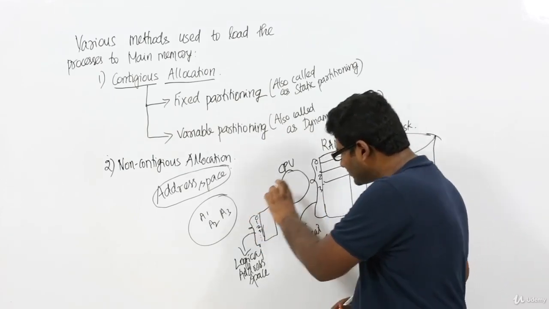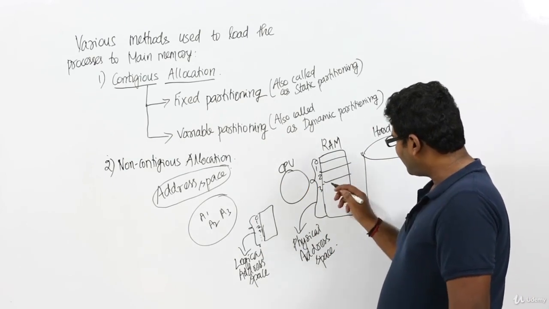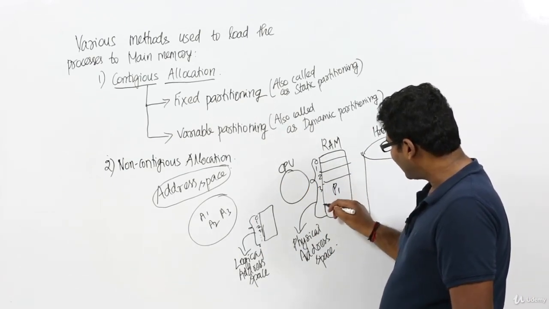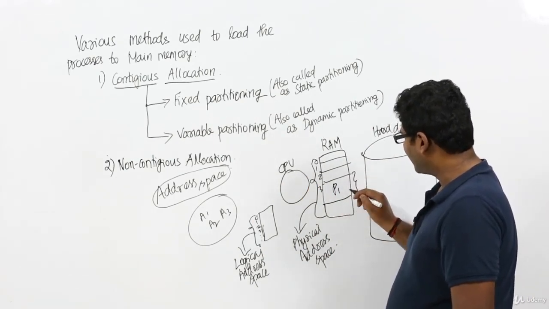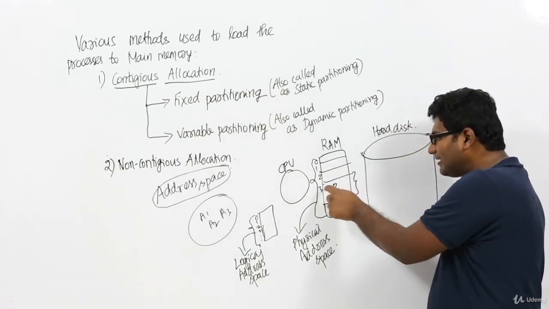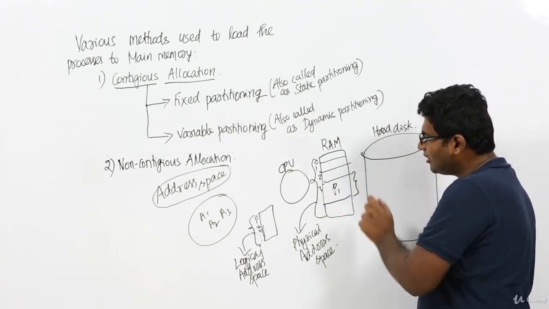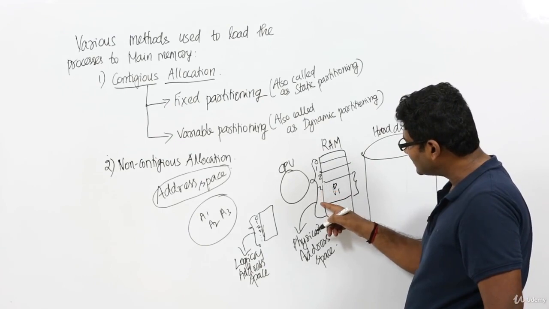Now we take this process and place it inside the RAM, right? For example, if we are placing this process P1 from here to here, P1 is placed in contiguous memory locations. All the addresses of process P1 are placed in contiguous addresses of our RAM.